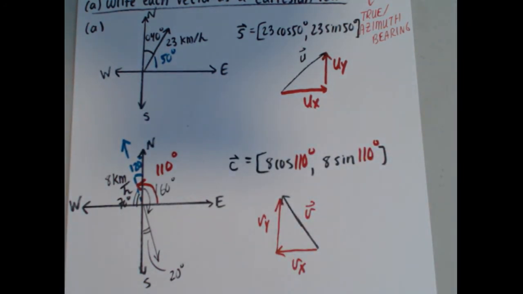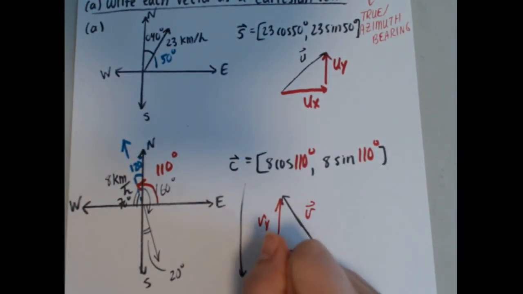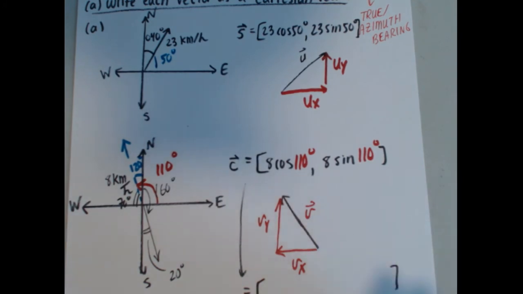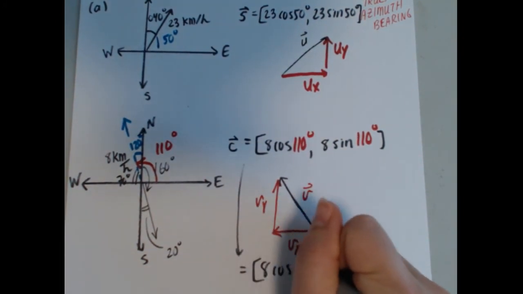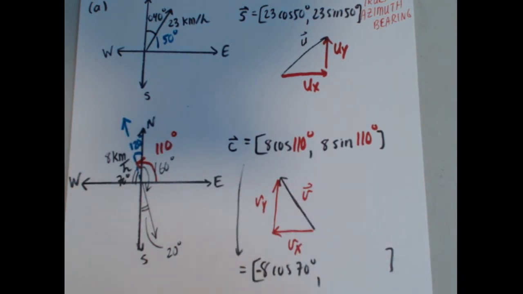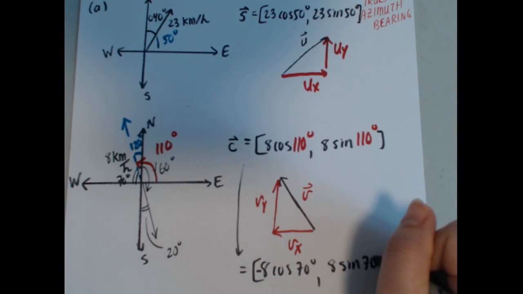Now, what I was just saying is if you want to use 70 degrees, that's fine. Just keep in mind that the x component's got to be negative. The y component will still be positive. So this is the same thing as 8 cosine 70 degrees, but with the minus in front, and then 8 sine 70 degrees.